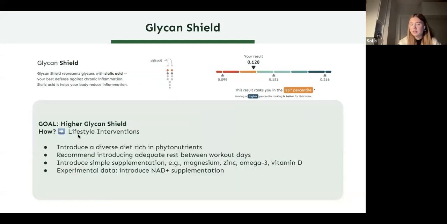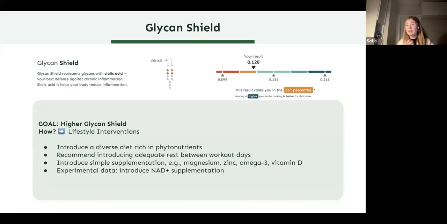So what about the lifestyle interventions that are helpful for increasing the glycan shield? Definitely introducing a diverse diet which is rich in phytonutrients. We usually say the more rainbow and the more diverse the food you eat, especially fruits, vegetables, nuts and spices, the better for you.